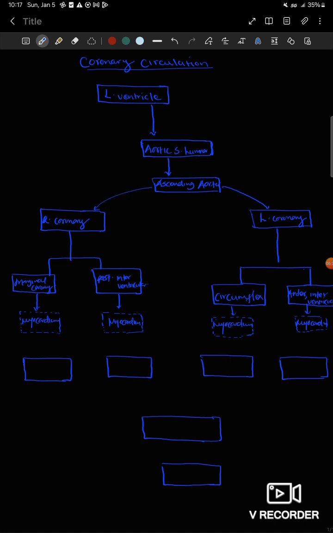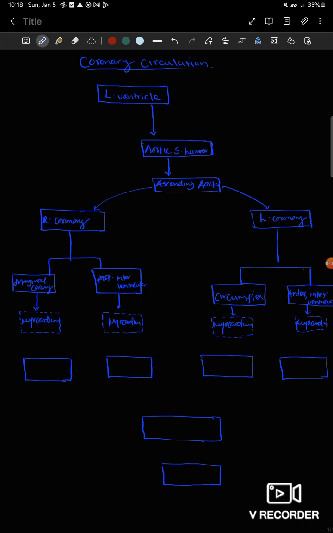After those muscles receive this oxygenated blood supply, the capillaries form what we call venules, and those venules form what we call veins. Those venules drain to these veins.